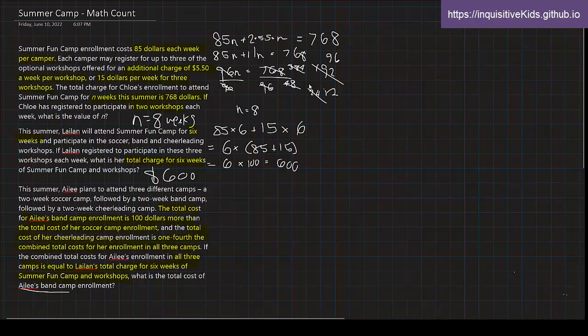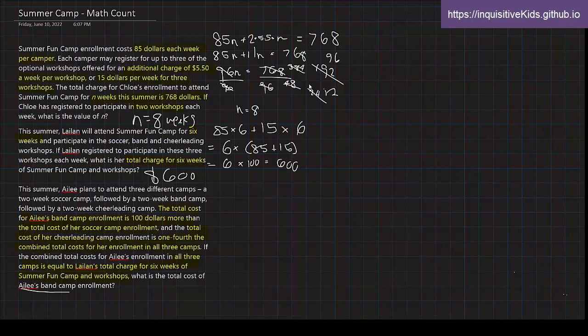So what's different this time? Well, Lailan did all three workshops at the same time, while Ailee chose a different plan. She chose to focus on one type of workshop, 2 weeks each. So let's first think about this. We're trying to find her band camp enrollment.